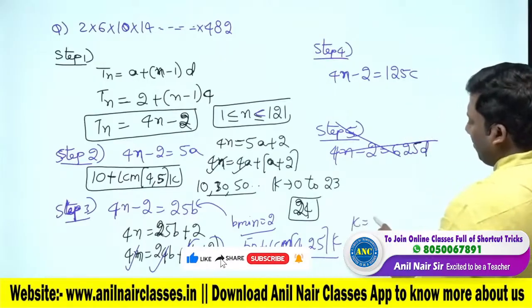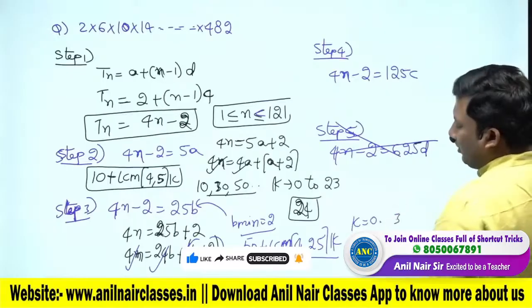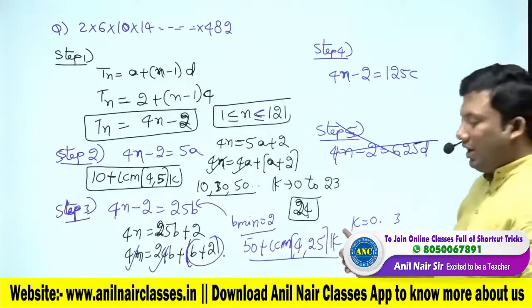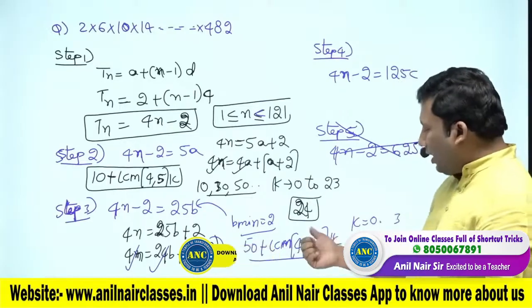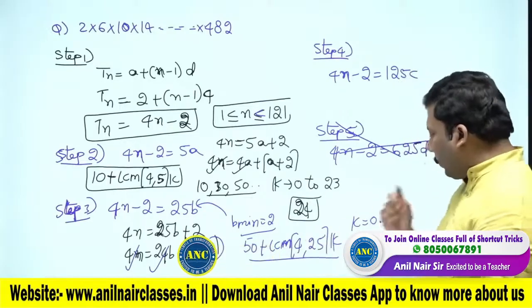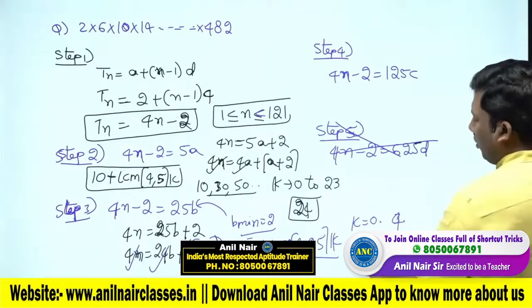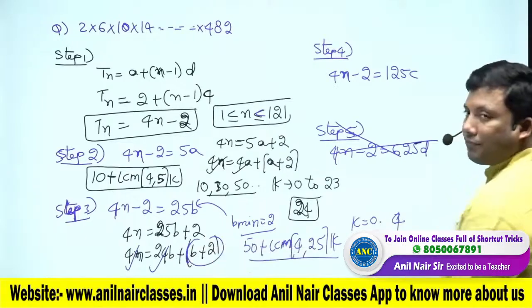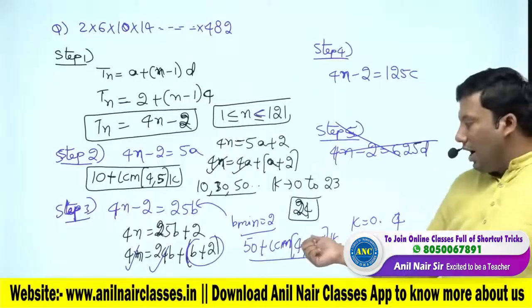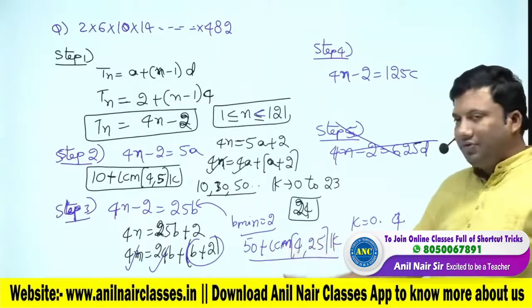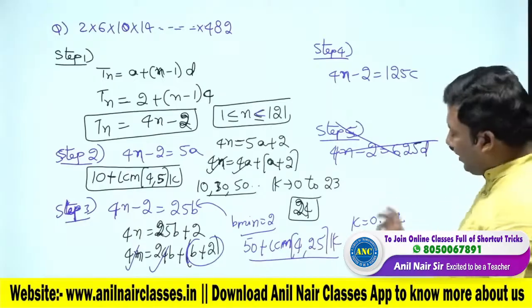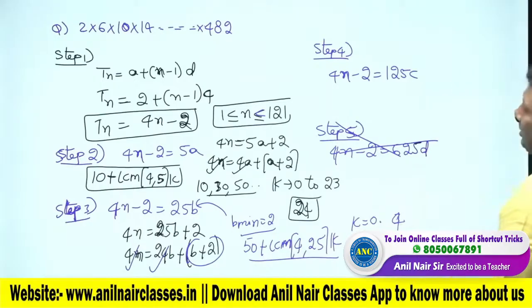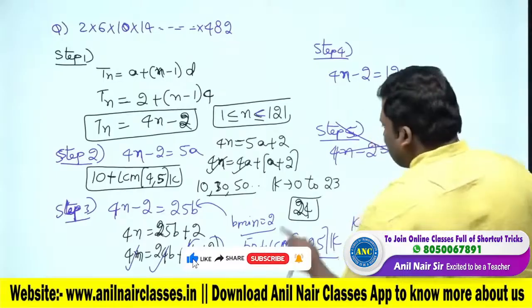K value can be 0, it is 50. The LCM is 100. K will go till 4: 100 4s are 400 plus 50, 450. So 0 to 4, there are 5. K value 5: 500 plus 50, 550. It is exceeding 482.